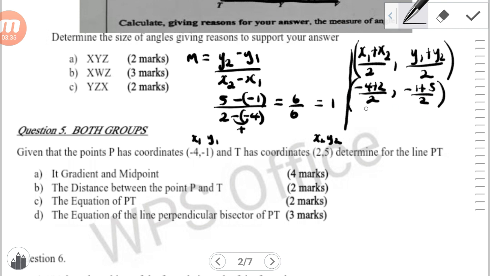We end up with -4 plus 2, which is -2, divided by 2, and -1 plus 5, which is 4, divided by 2. This works out nicely: -2 divided by 2 is -1, and 4 divided by 2 is 2. That is the coordinate values of the midpoint of the line PT.